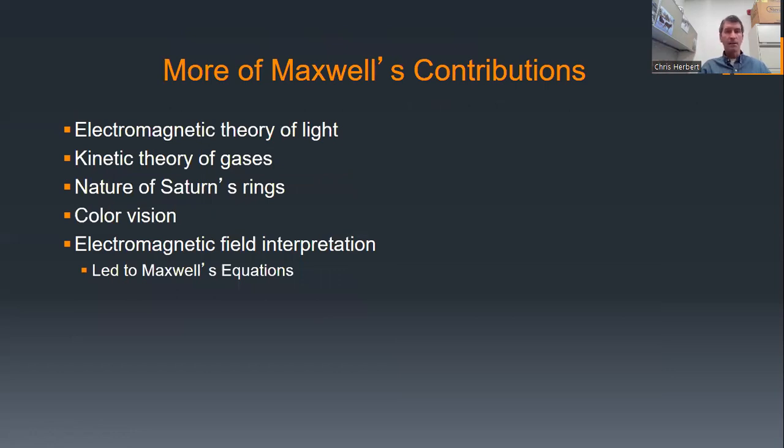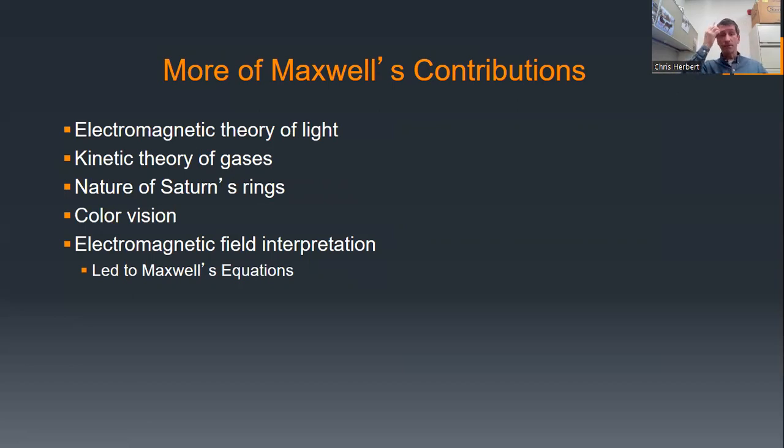Maxwell's contributions beyond just his equations, which are his namesake, of course, include the concept of electromagnetic waves being based on these equations. He worked on the kinetic theory of gas, which is not all that related to electricity and magnetism. So he certainly did a very diverse collection of work. We know the kinetic theory of gas, of course, leads to what we know as the ideal gas law.